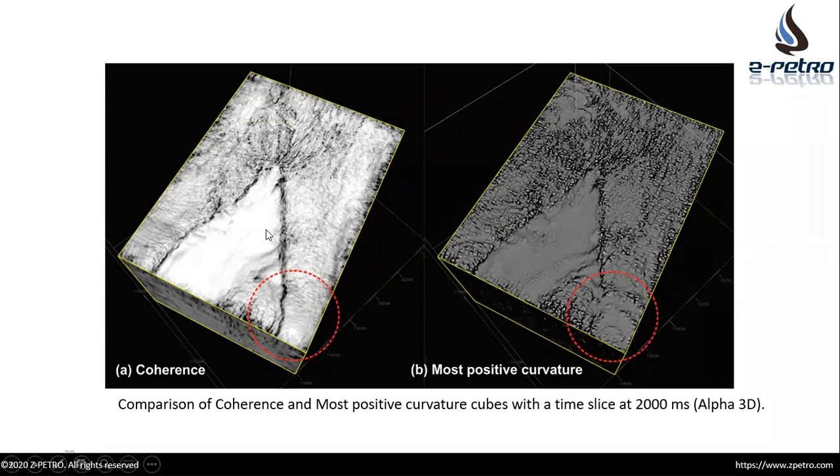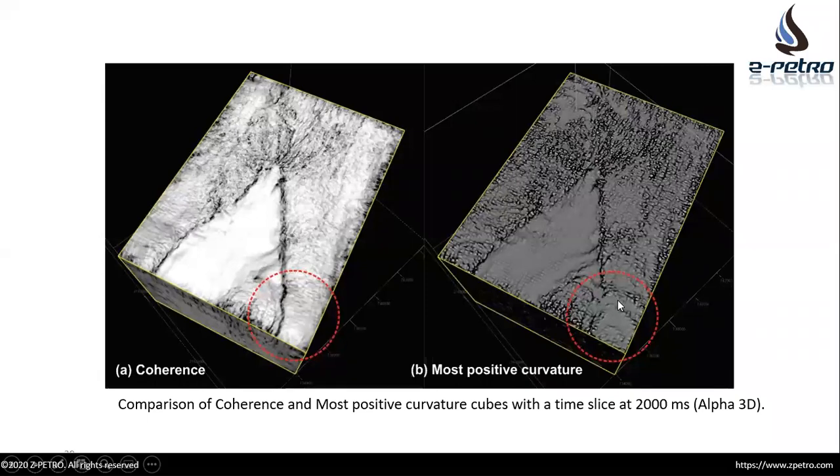Again you can see there, if we have a salt body or any homogeneous material, then you cannot even see the data set. But in that case, at the bottom right side, if you are taking the most positive curvature attribute, you cannot see information, all right, no information is there.